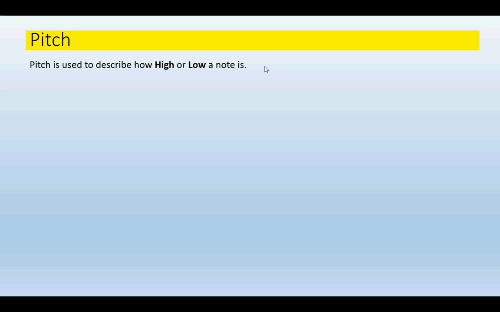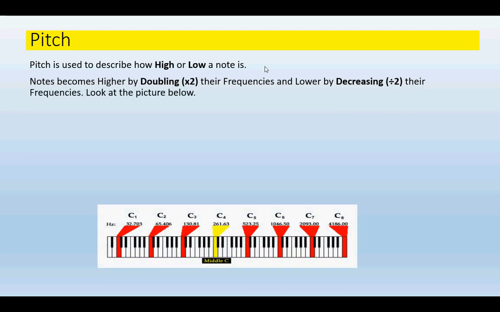Notes become higher by doubling their frequencies and lower by decreasing their frequencies. I believe we've seen this picture before, so remember C. Don't forget, we have 12 notes, but each of them can be pitched.